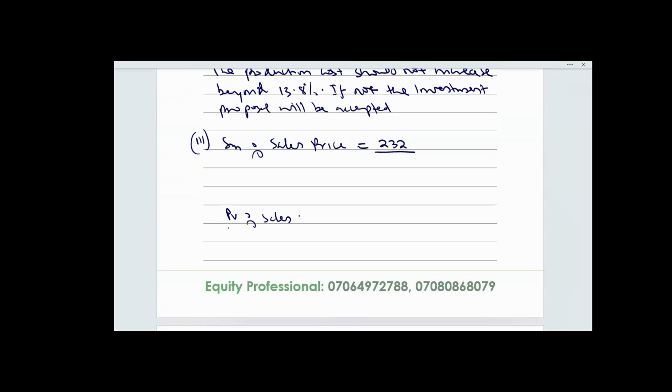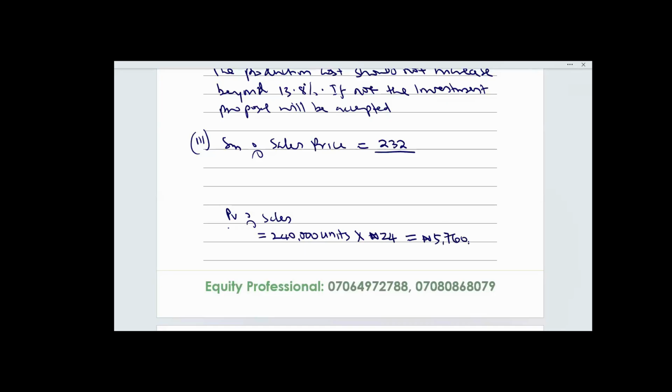Before you can calculate PV of sales price, you need to determine the total sales. Total sales will be number of units sold, which is 240,000 units, multiplied by selling price of 24 naira. This will give us 5,760,000.